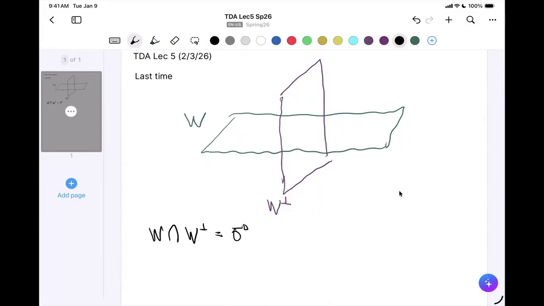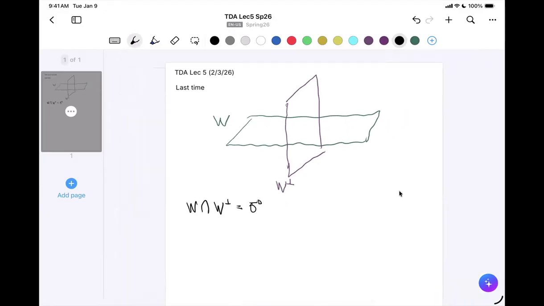Another thing that's true about the two is that their dimensions add up to the total dimension of the vector space that they both sit in. Both are subspaces of a larger space, so their dimensions add up to the dimension of V, where V is the larger space.